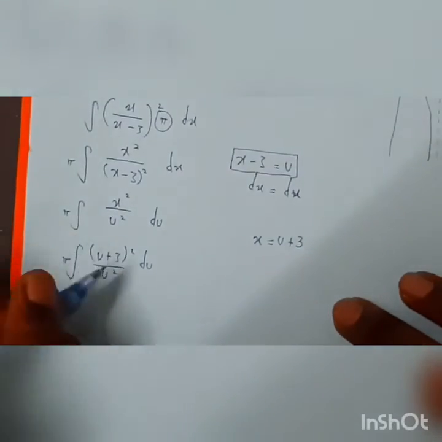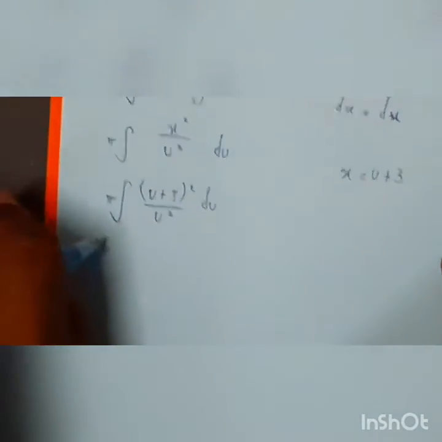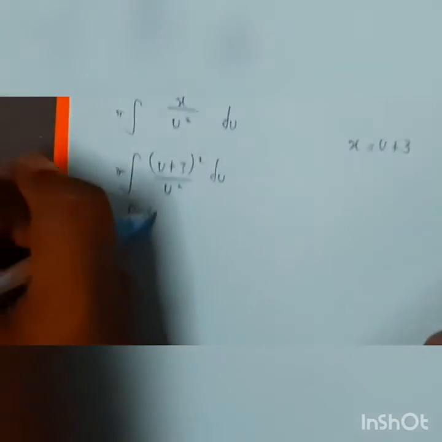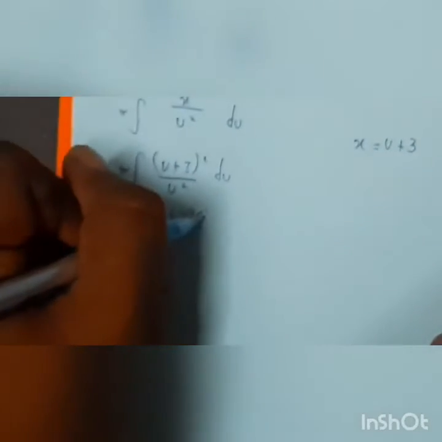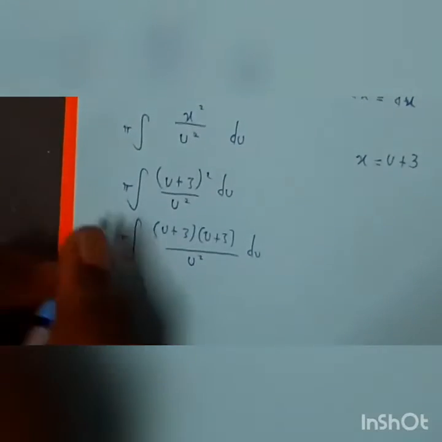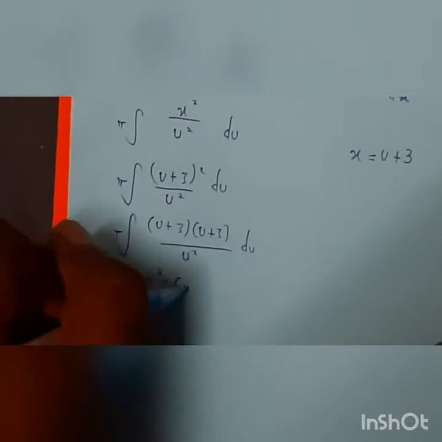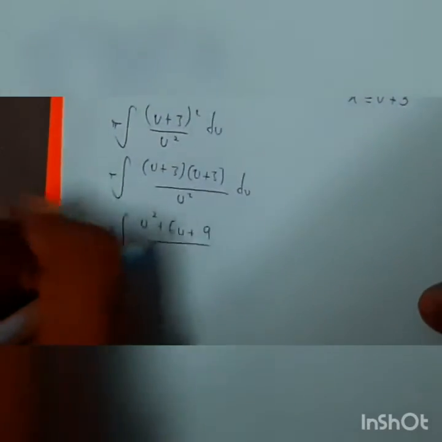Now we have a single denominator. Now we need to expand the expression (u plus 3) squared. When we expand this, we will get u squared plus 6u plus 9 over u squared.